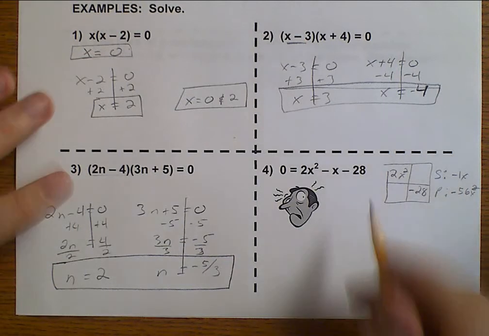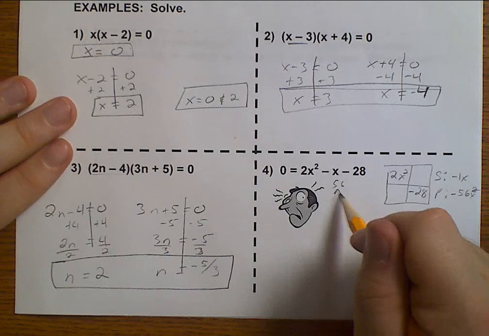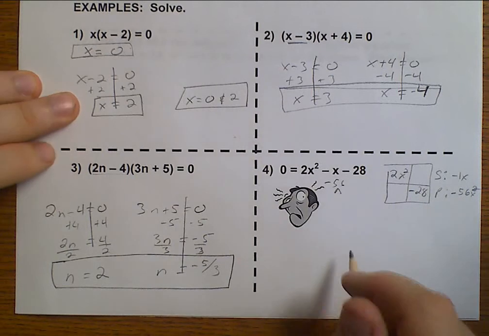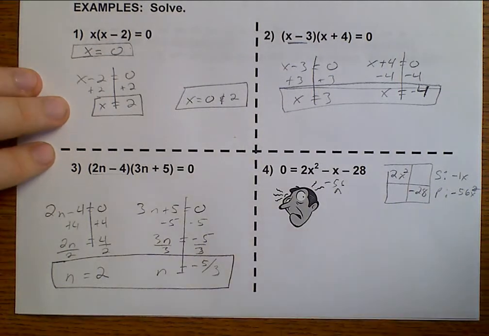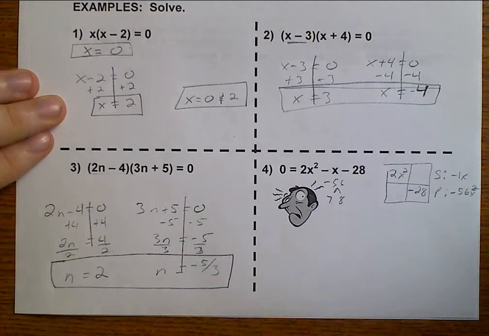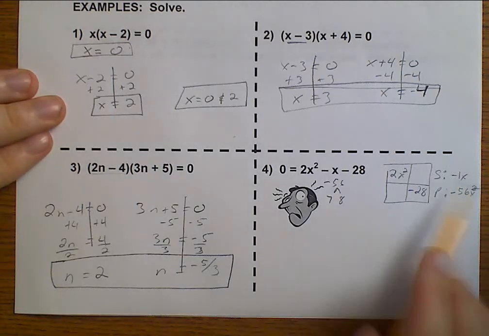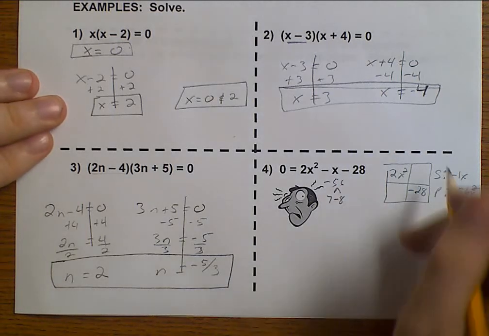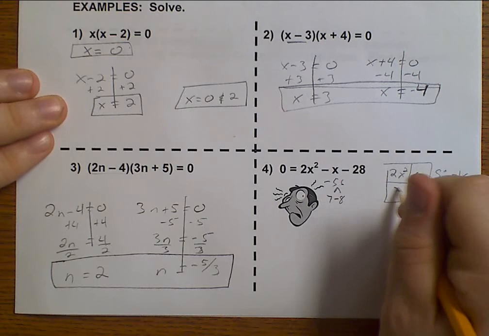So we look at 56, negative. Well, 56 will divide by 7 and give us 8. And because we want a negative 1, the 8 will be negative. So this is negative 8x and 7x.